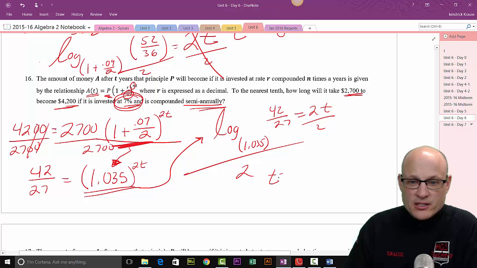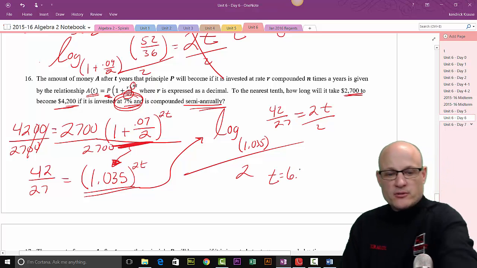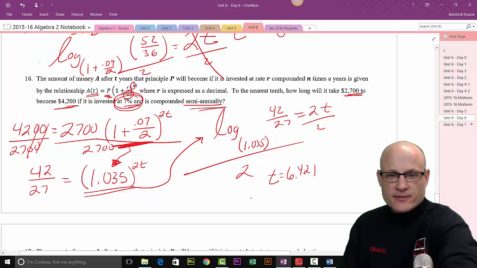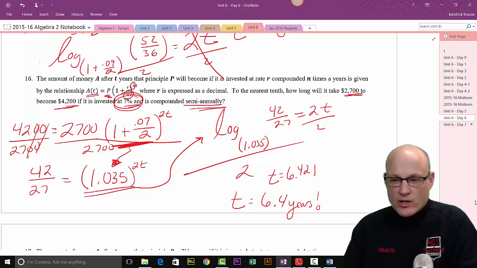So t equals 6.421. And I think they said tenth again. So t is equal to 6.4 years.